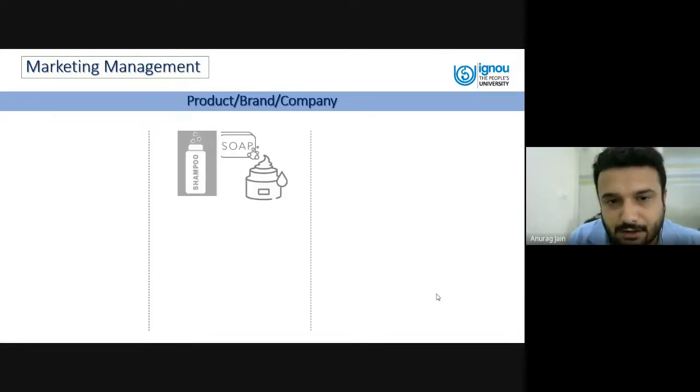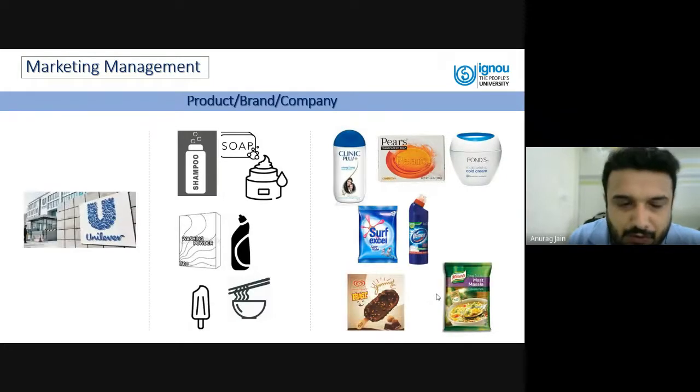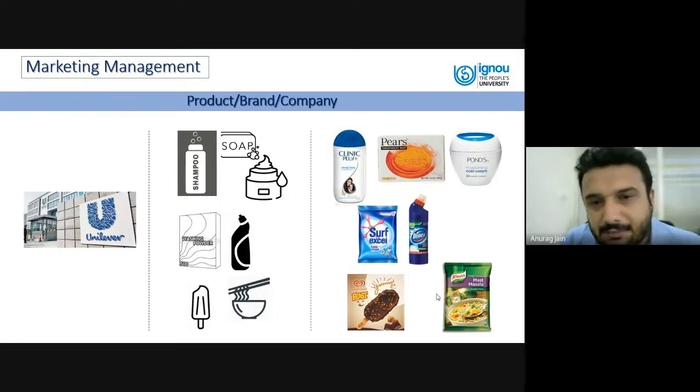Now I'll ask you some questions over here to know how much understanding you are having about these three different things. Now you have to identify, right? Which are the products, which are the brands, and which is the company?